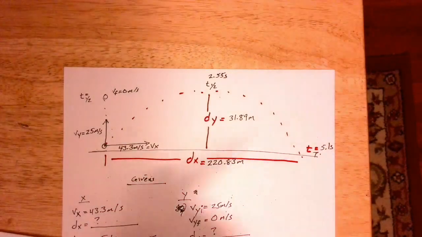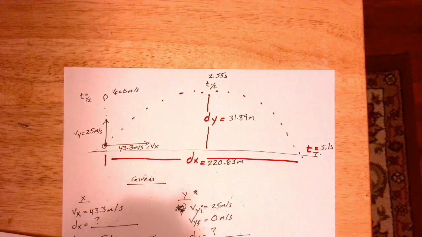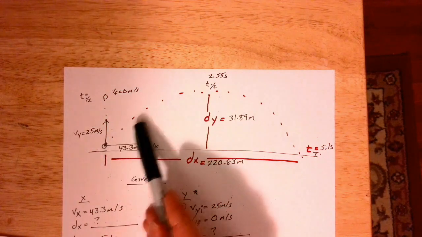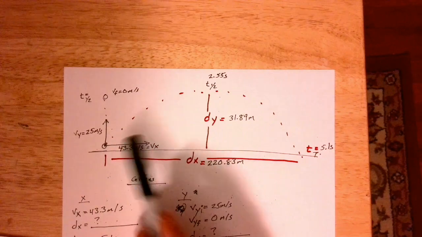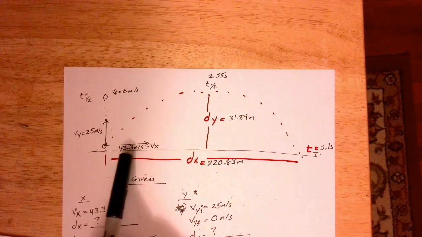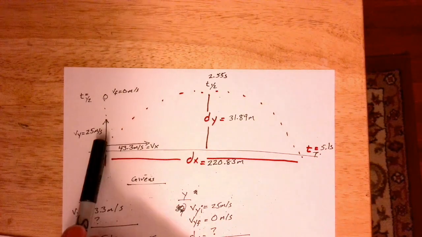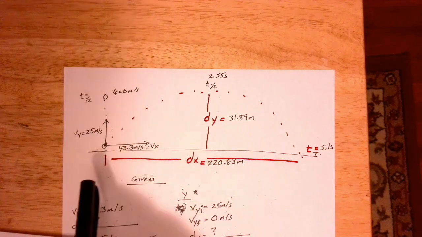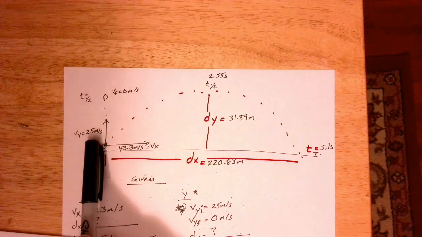So once again, what we did, kind of review, we had a projectile at 50 meters per second, launched at a 30-degree angle. We broke this down into its X and Y components. And then the one that controls how long it is in the air is your vertical component, the 25 meters per second in this case.